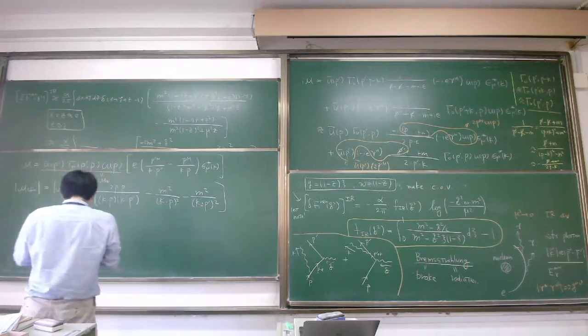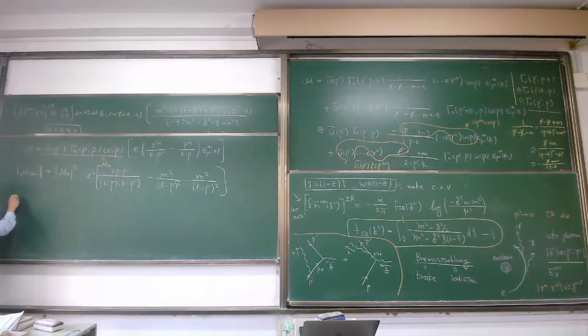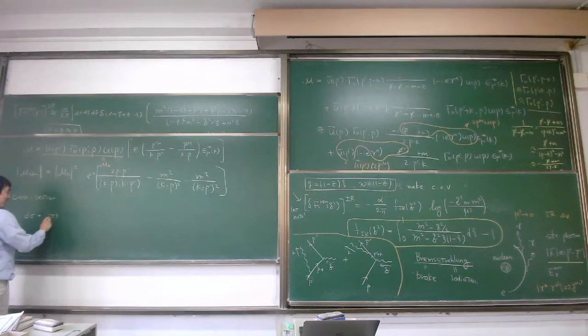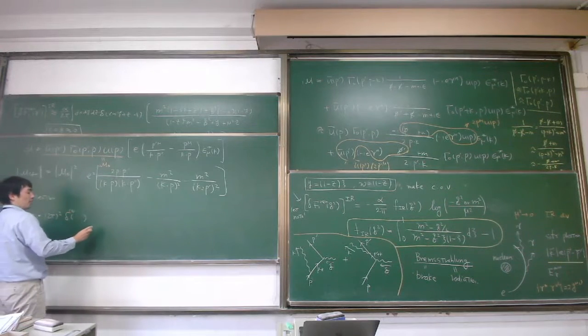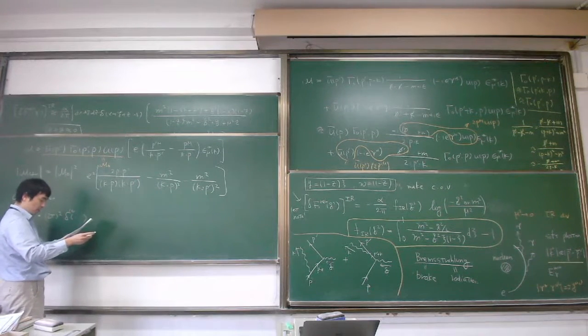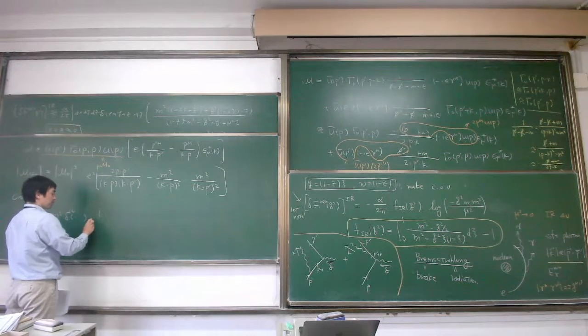So therefore, if you use what we have learned about the cross section, the sigma is indeed equal to some delta function. I forgot. 2 pi square delta momentum conservation 4, and then initial, and then anyway.